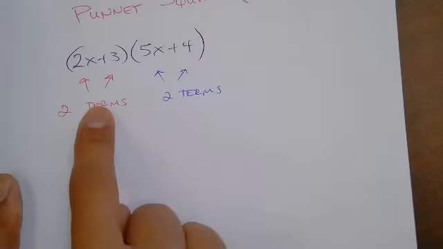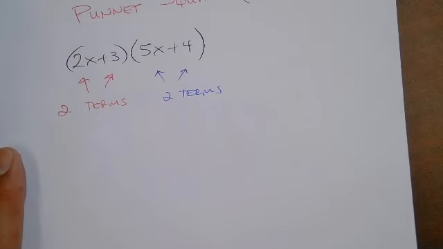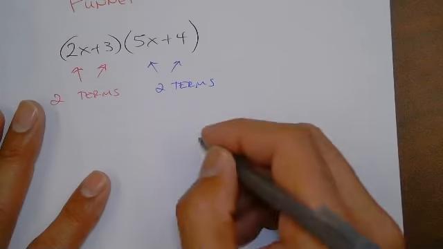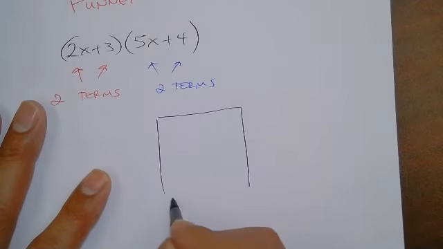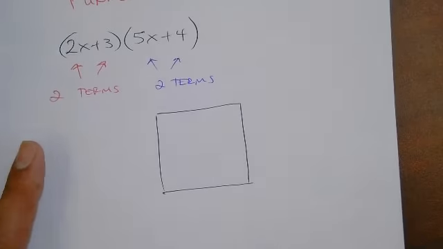So this means it's going to have 2 rows and 2 columns. Go ahead and create a box that has 2 rows and 2 columns. Well, that would be like this. Right? A box or a Punnett Square.